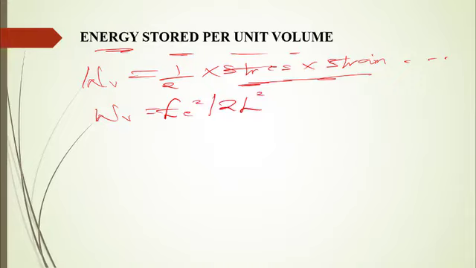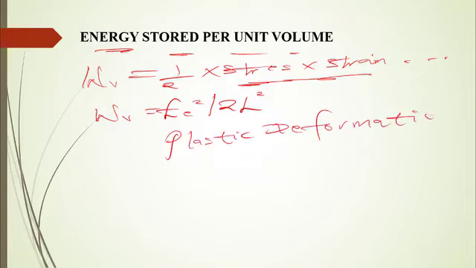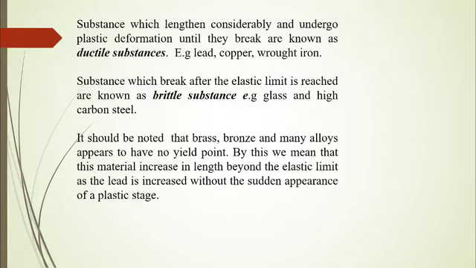The reason for this is because substances lengthen considerably, and remember previously we talked about something like plastic deformation. Substances lengthen considerably when they are heated or when they are prevented from contracting as they cool. So at this point, we want to talk about what plastic deformation means.